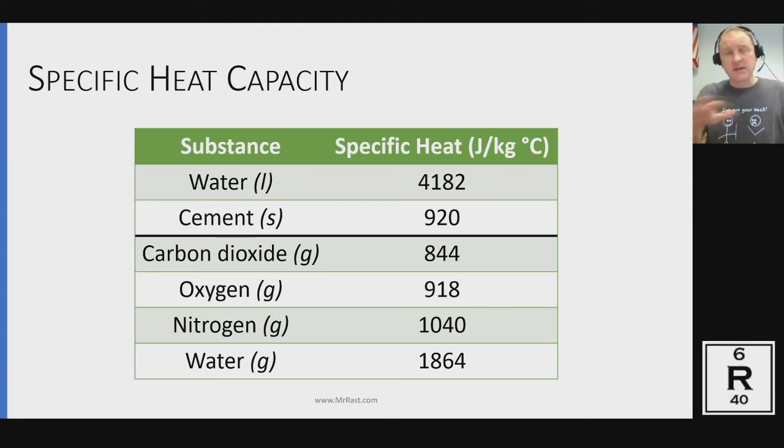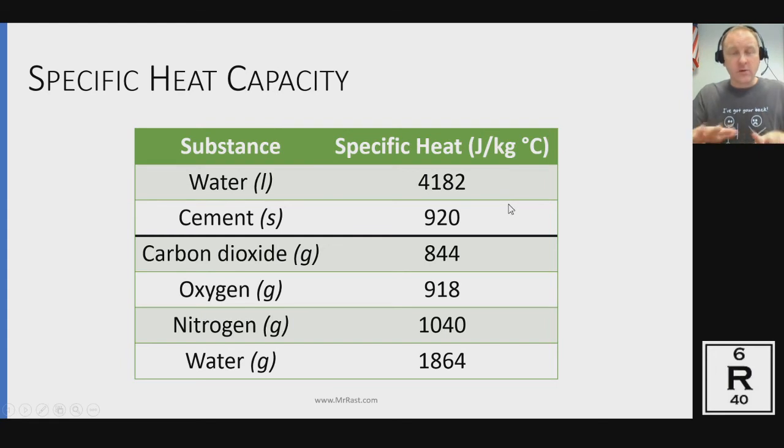And we can also relate this to giving off energy. At night, the sun's gone. There's no energy being given to the cement. There's no energy being given to the water. So the temperature starts to drop. And as the air cools, the heat from the ground is warmer than the atmosphere. So the cement will start to warm up the cold air, and the water will start to warm up the cold air.